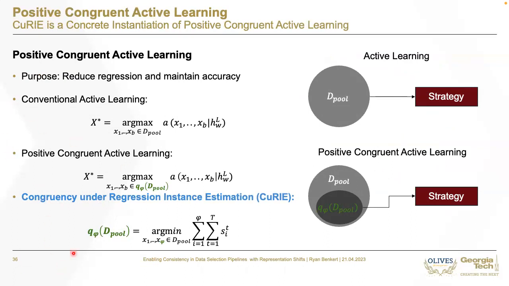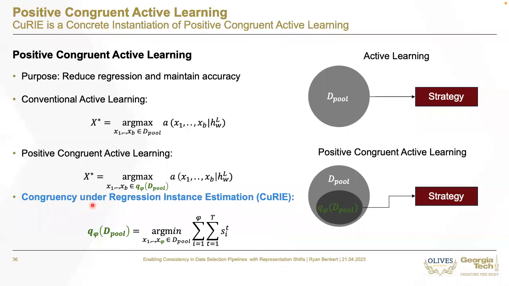So that's where I want to define this Q function you see down here as just the minimum switch events. If you take the switches and minimize them, that intuitively already gives you a sense that fewer representation shifts will be happening, ultimately resulting in less regression, or at least the potential to reduce regression.